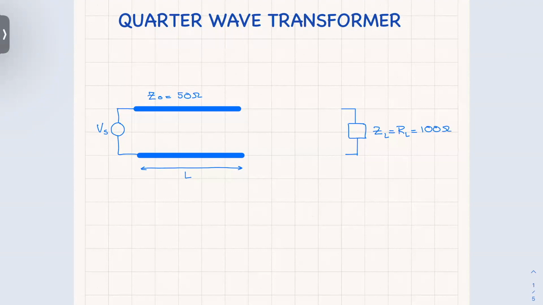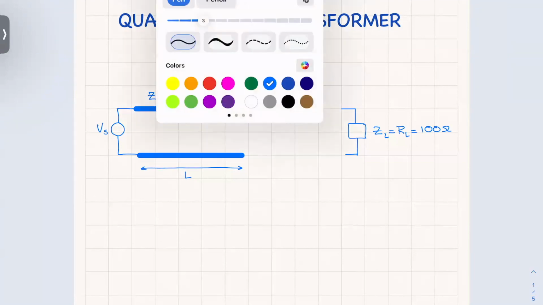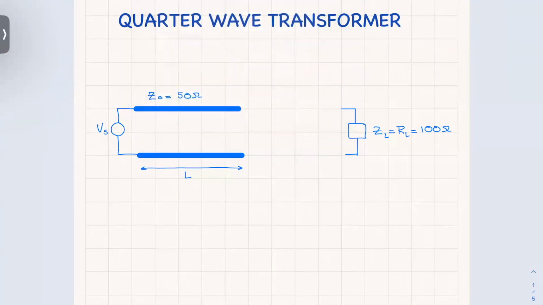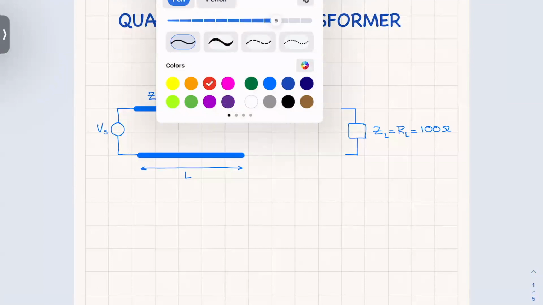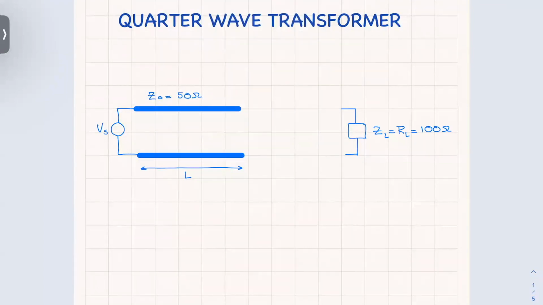Okay? Now, the question is, how am I going to do that without using a reactive element? There is a way, and that is called the quarter wave transformer. What is that? That is a quarter wavelength line which has a different characteristic impedance than my input line.